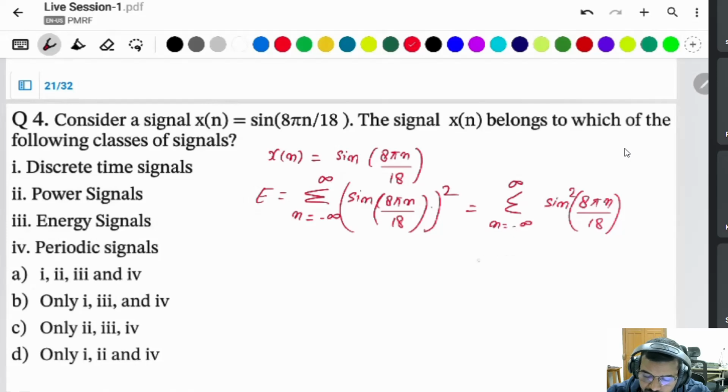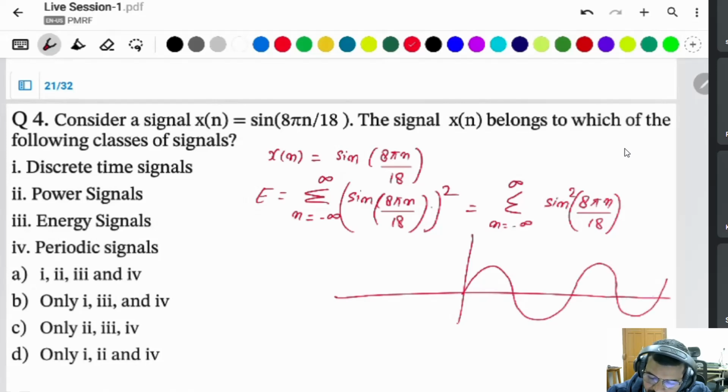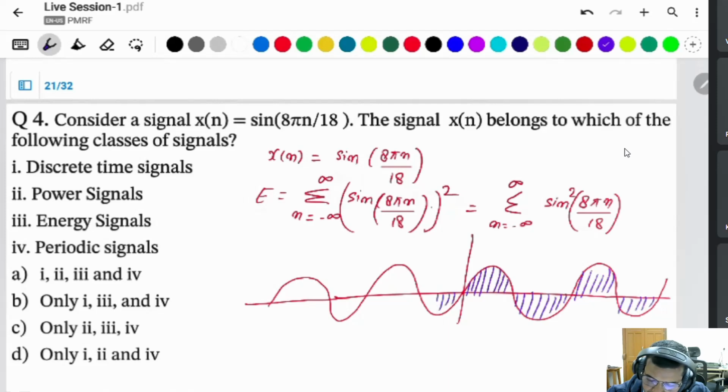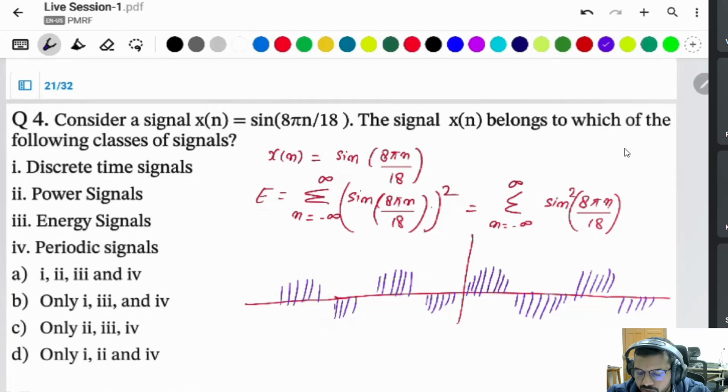If you add the signal, the sinusoidal signal, this is the continuous sinusoidal signal. If you take this as the discrete signal, this is the discrete sinusoidal signal.